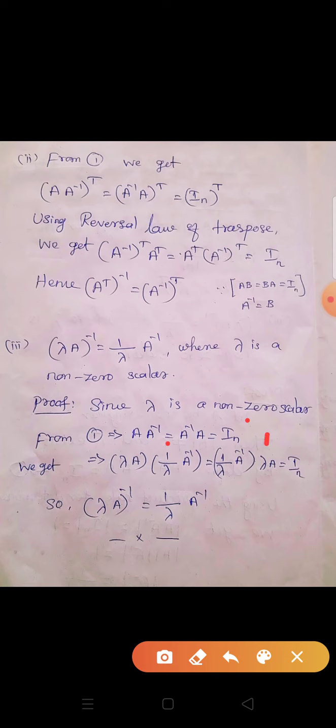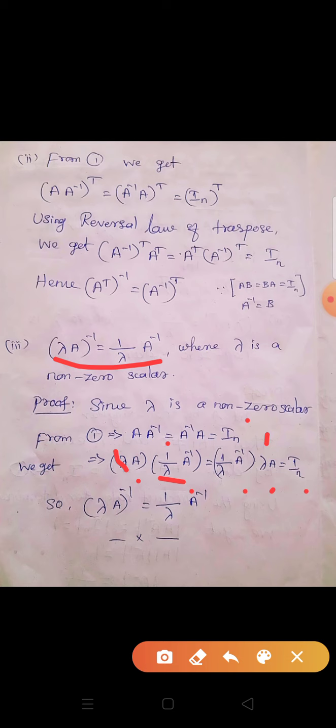We multiply lambda A into 1 by lambda A inverse, and 1 by lambda A inverse into lambda A, which is equal to IN. We cancel lambda, then we get A into A inverse equal to A inverse into A is equal to IN. So the inverse property holds good.